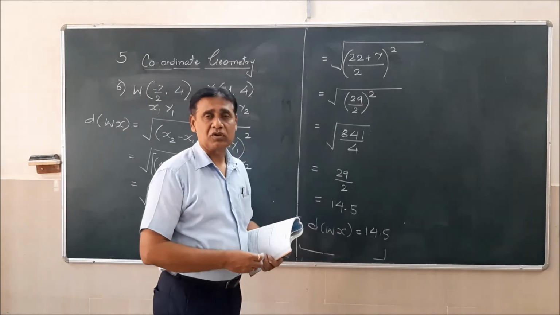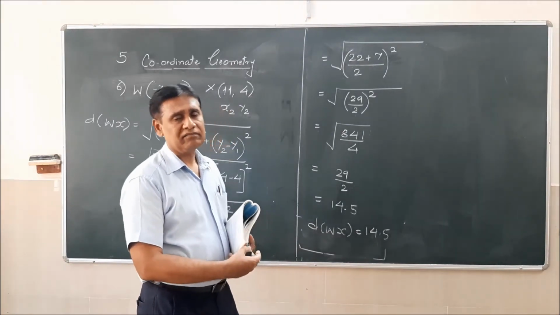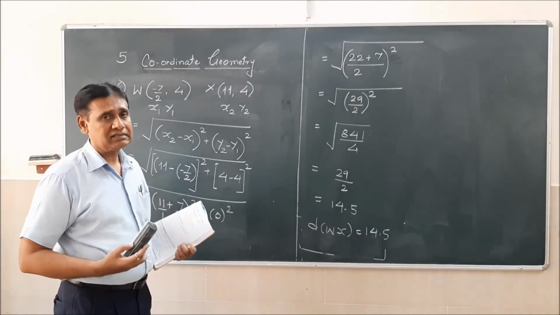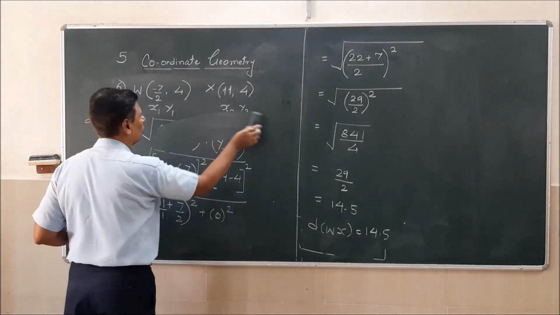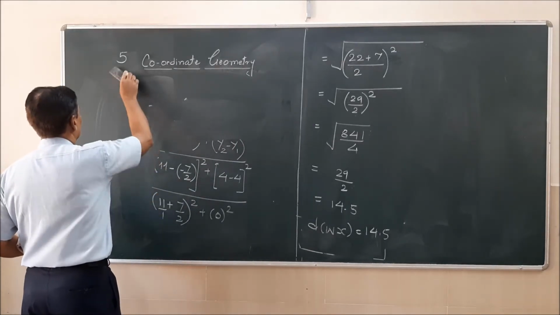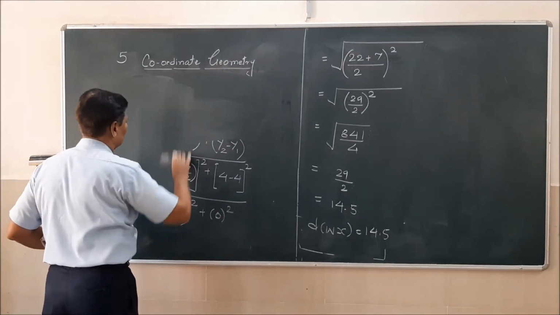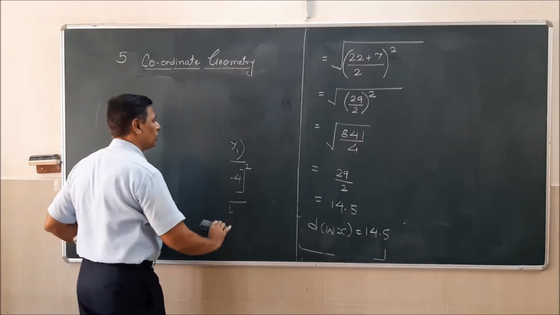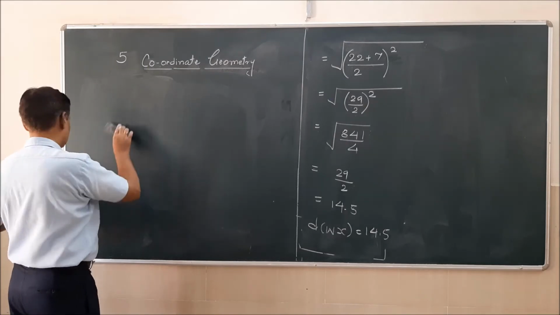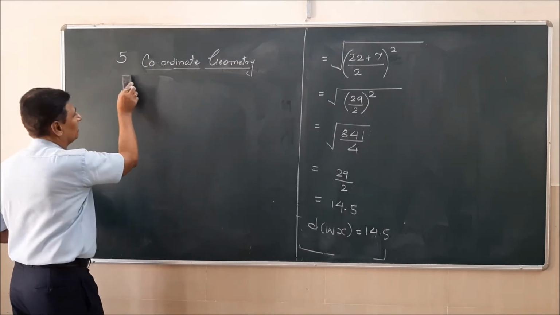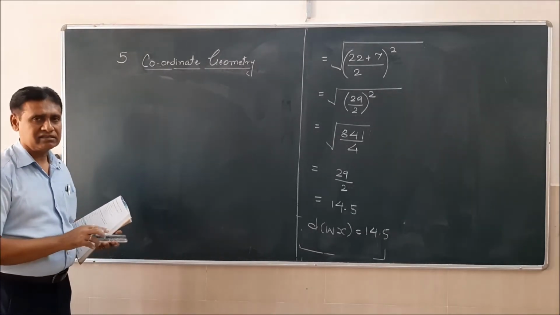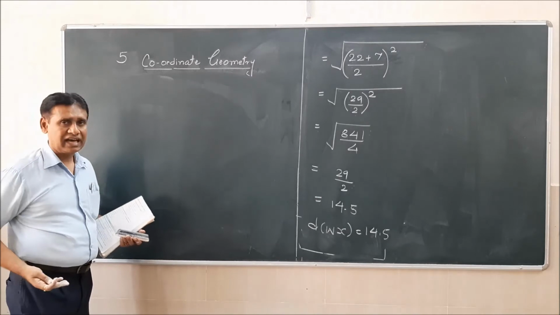Now let's do question number 2. It is a very interesting question. Please decide whether these points are collinear or not. This is another type of question. For solving this question, you have to find out the distances between the points. How will you find out the distances? You will find the distance between the first 2 points, then the distance between the second and third, and then first and last.